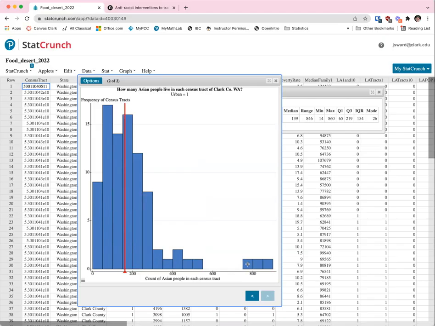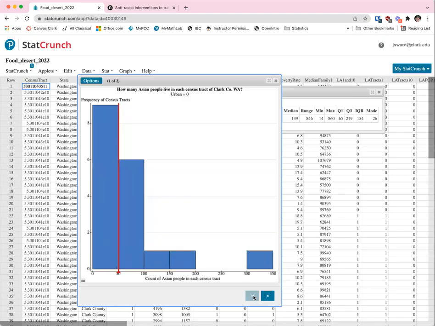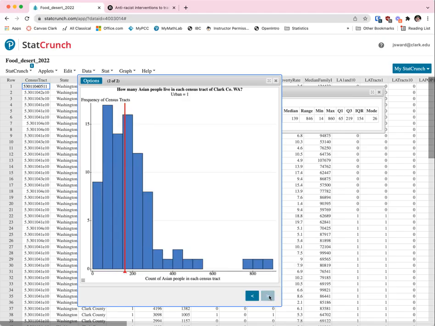And then there are 3 urban tracts that have like nearly 800 some Asian people living in those tracts. So when I was making my graph in my previous video, I noticed that there were 3 potential outliers. And now that I'm categorizing them, I can look for those outliers and say, oh, wow, 3 of those outliers are for urban tracts, and there are no outliers for rural tracts.